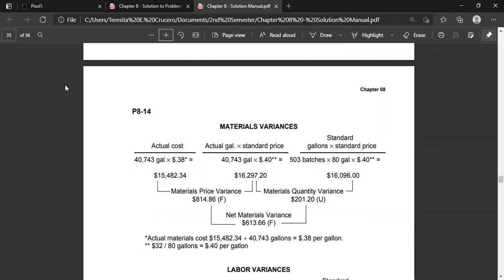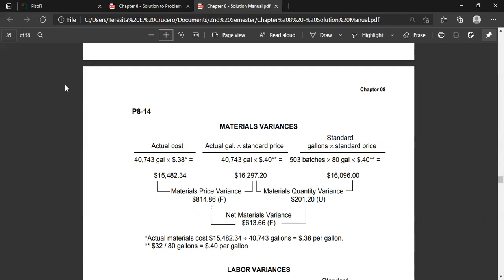Okay, so we have now the material price variance, and to follow is the actual gallons times the standard price. Standard gallons times standard price. Okay, so we have for the material price variance 814.86.